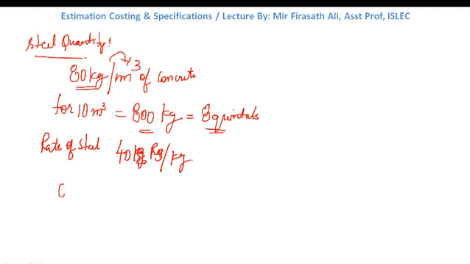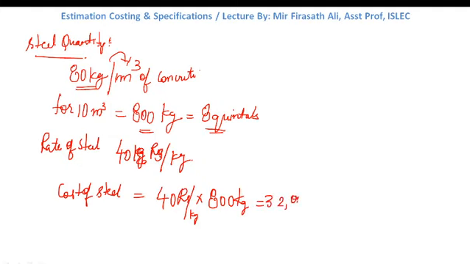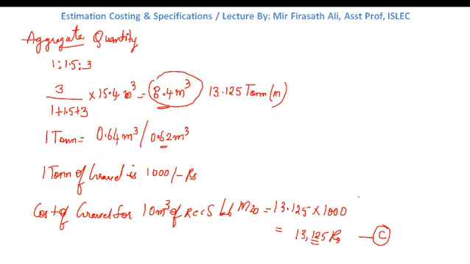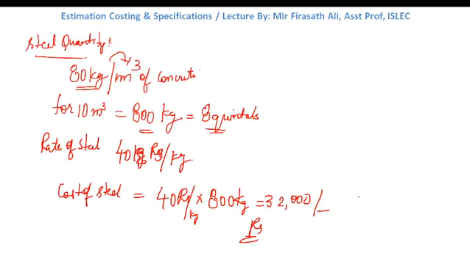Cost of steel is 40 rupees per kg into 800 kg, around 32,000 rupees. This is the cost of steel. Earlier we termed the cost of gravel as C, now the cost of steel we will term as D.